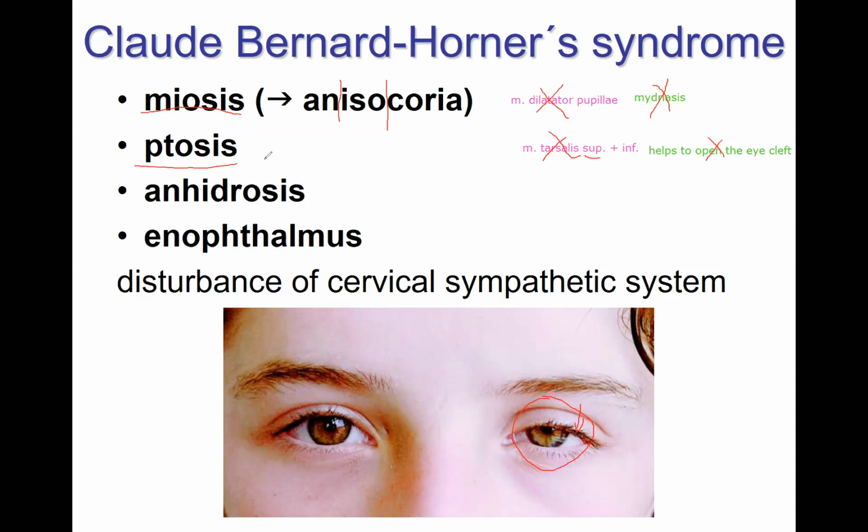Bell's palsy, no. In Bell's palsy, we have lagophthalmos, yeah? Lagophthalmos, that means the inferior eyelid goes down. I don't know what is CBD. It's nothing in anatomy. And we are talking about unilateral ptosis, yeah?